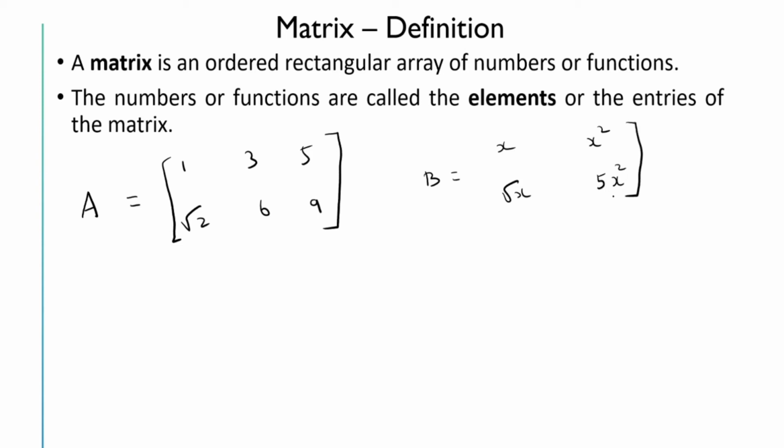This is also a matrix. So a matrix is an ordered rectangular array of numbers or functions, and each of these entries in a matrix is called an element. All these are called elements.